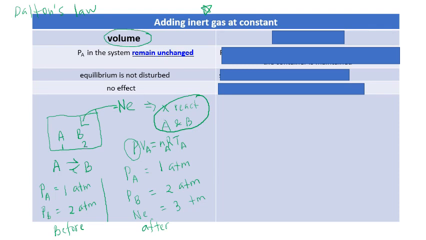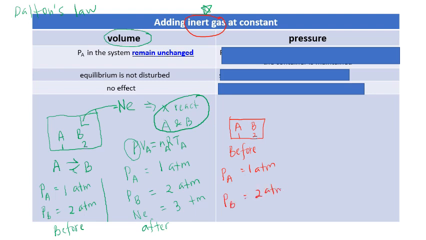Now, let's look at another condition: adding the inert gas at a constant pressure. Now it's different. Previously, in a closed container, we have A at 1 atm and B at 2 atm. Before neon is added, partial pressure A is 1 atm, partial pressure B is 2 atm, and total pressure is 3 atm.